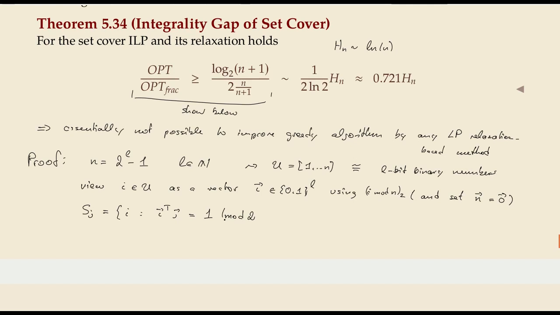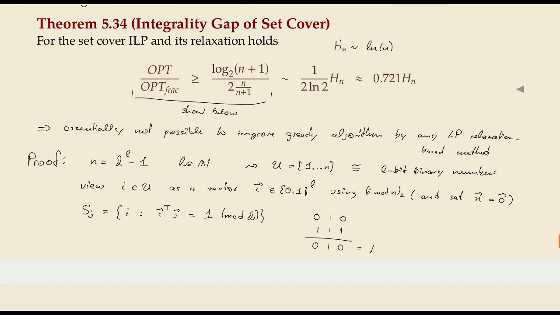So if you compute everything modulo 2, as an example, the scalar product of these two vectors: you first multiply the digits, and then you add up the digits modulo 2, 1, 0, 1.